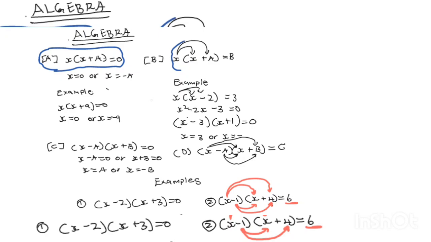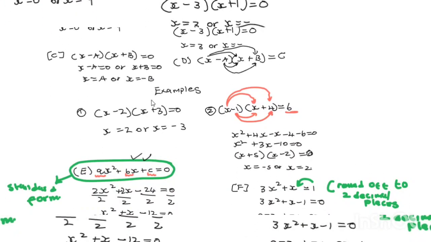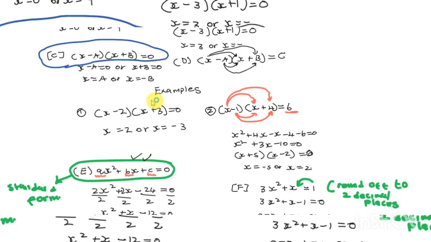But if we have this one, we have to multiply the brackets in because it equals a number. This is also the same if you have 2 brackets like this, multiplying one another and equals 0. Even here, you just equate each bracket to 0 and then you find the answer.